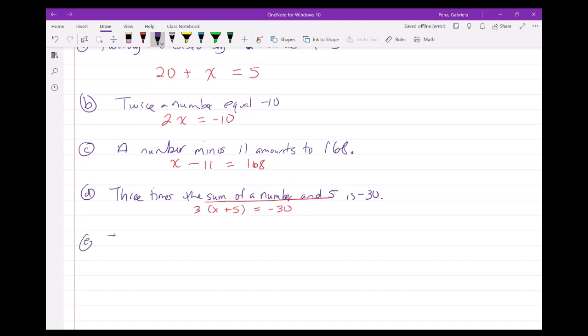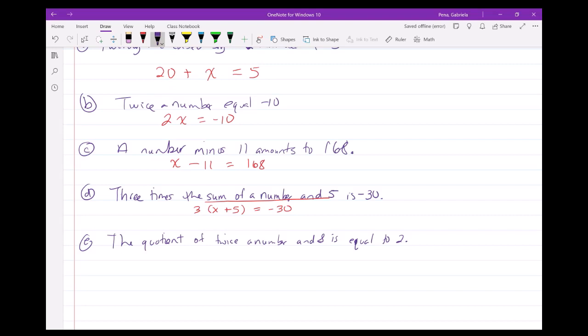Next one. The quotient of twice a number and 8 is equal to 2. So for this one, we know quotient means division.